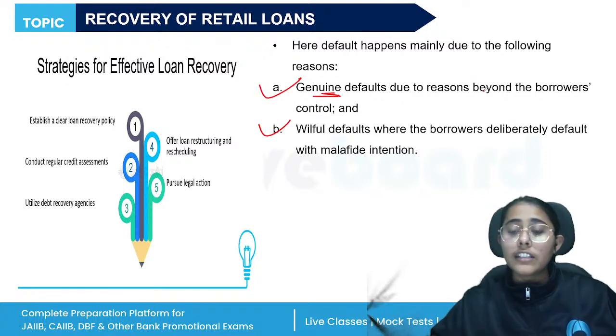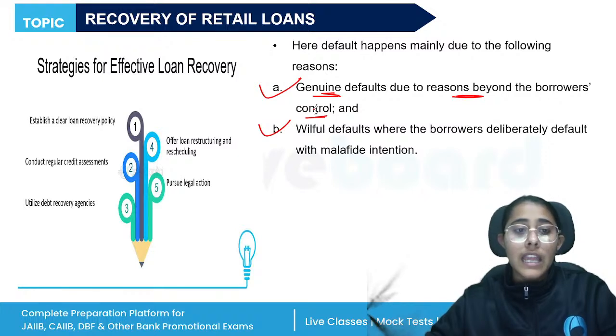Genuine defaults are due to reasons beyond the borrower's control. Let's say the borrowers lost their job due to a particular reason, or there was a medical emergency in their family, so they could not make the payment of an installment, or they were having a small business and the business could not generate enough profits to make the payment. So that could be a genuine reason.